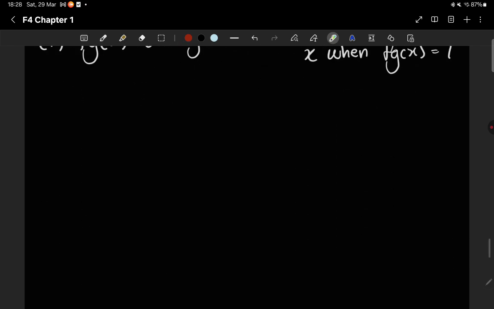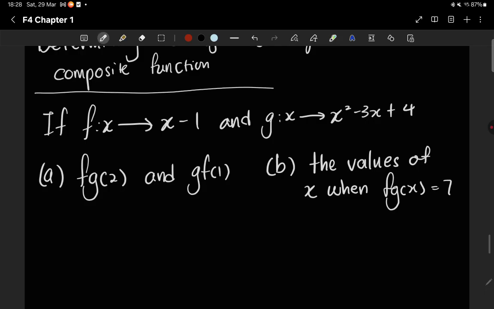So I just gave here 2 simple questions to solve this, where in A, we have to find fg2 and in B, we have to find gf1. Let's try to solve the first one. So we're given fg2, and now you might be confused. Wait, we have an input. How am I supposed to solve this?